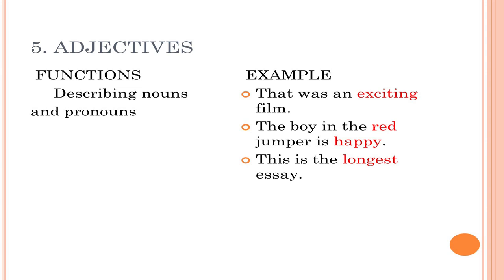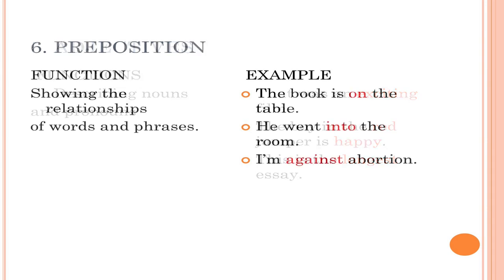You want to help people to understand the noun better. You want to make them know the particular noun you're talking about or the particular person you're talking about. You make use of adjectives in qualifying, in describing, and in limiting your noun. Adjectives are very important as well.